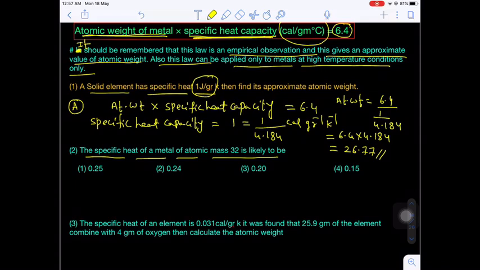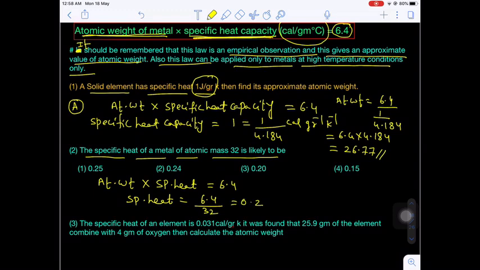Here atomic weight is given to you, so we have to find the specific heat. Again the formula is the same: atomic weight multiplied by specific heat will be equal to 6.4. So specific heat is 6.4 divided by atomic mass, which is 32. So the answer will be 0.2 calorie per gram per degree Celsius or per Kelvin.